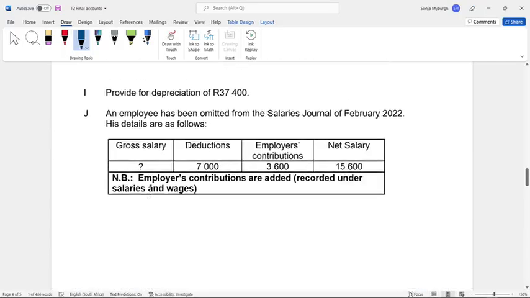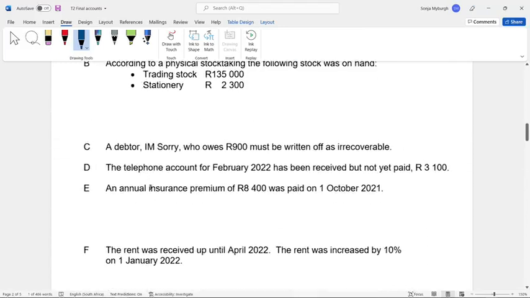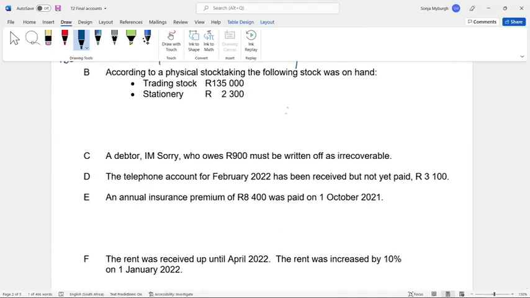Adjustment B. According to a physical stock take, the following stock was on hand. We counted. This is the figure that will appear in your statement for financial position because this is the actual stock, 135,000. In our books, pre-adjustment trial balance showed us trading stock of 114,700.